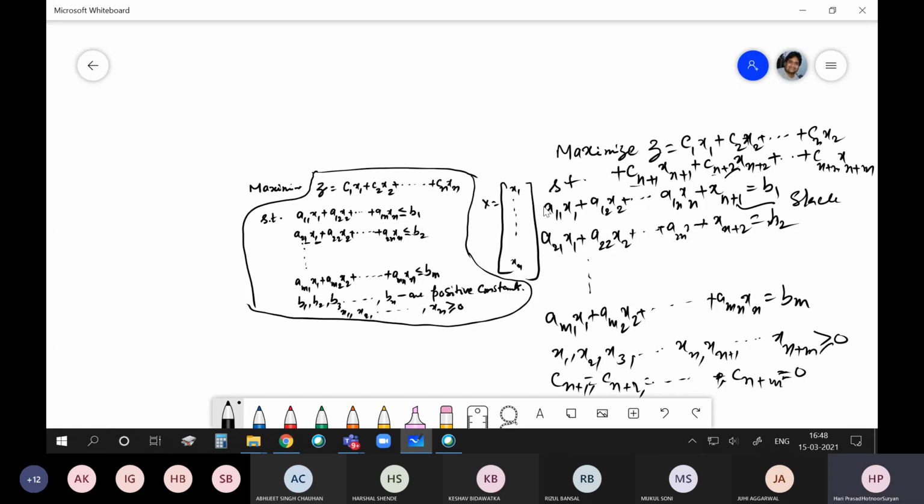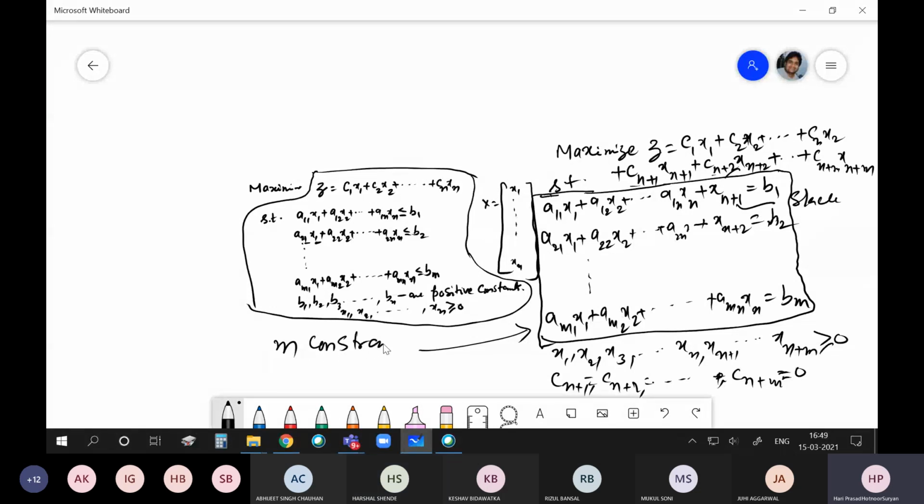So if you see this constraint set, how many constraints are there? There are m constraints.